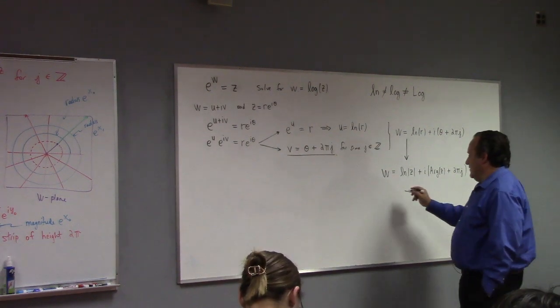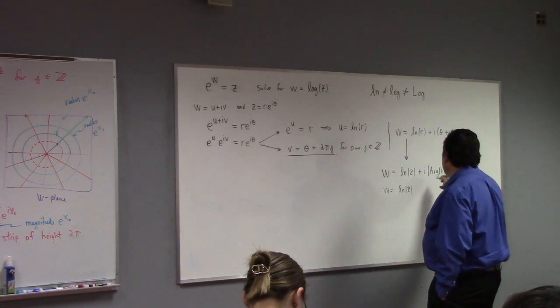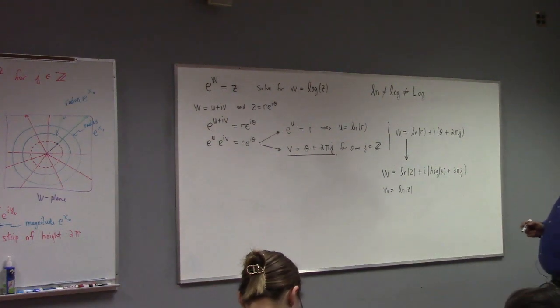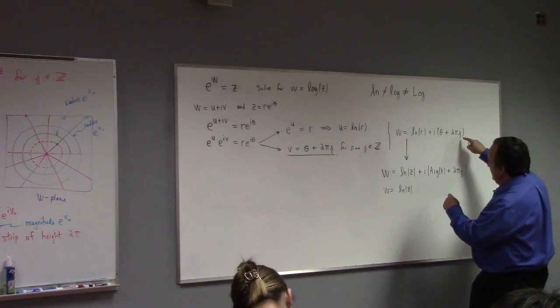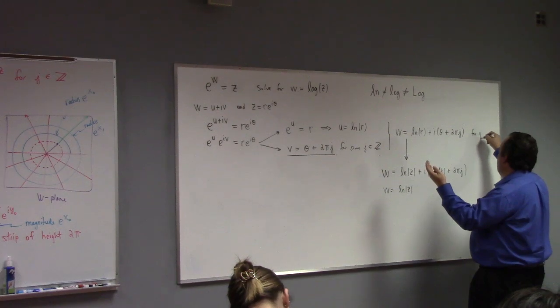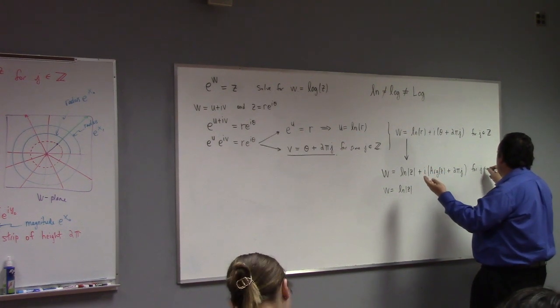Right? Or you could say this, w is equal to the natural log of the modulus of z. I mean, this is a set of values, really. So what I really should say is w is an element of this, I'm sorry, excuse me, my bad. I have the j here, so the equality is right, but it says for some j and z. It's fine.